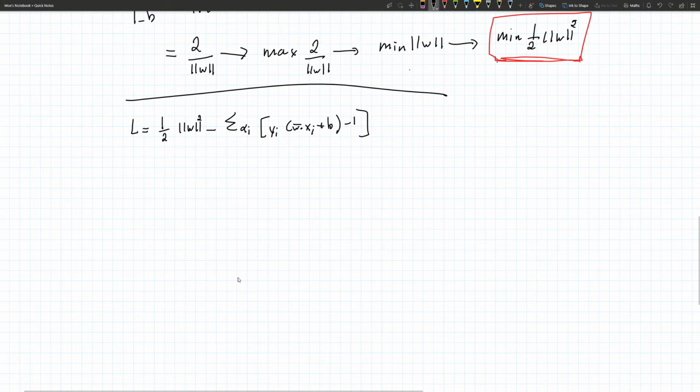Then we need to differentiate L with respect to w.